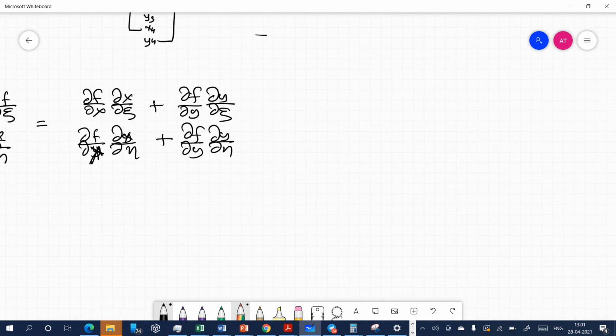And this we can write as Jacobian into the column matrix del f by del x and del f by del y.